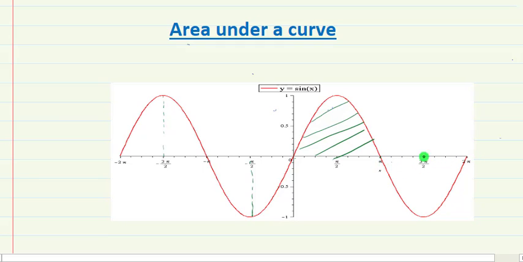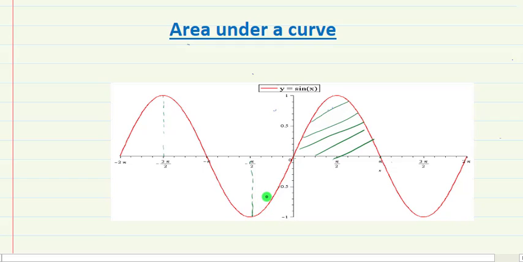So number one, area lying above the x-axis. Number two, area lying below the x-axis. Here pi to 2 pi and minus pi to 0, or you can say minus pi to minus pi by 2, these areas are lying below the x-axis.